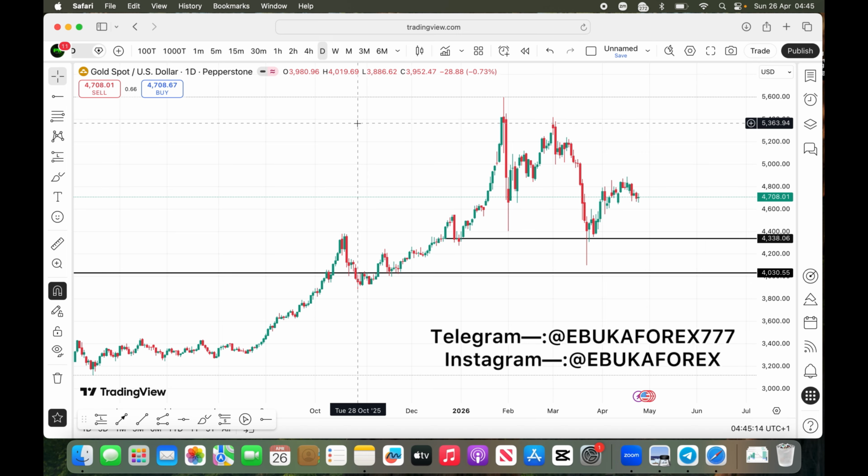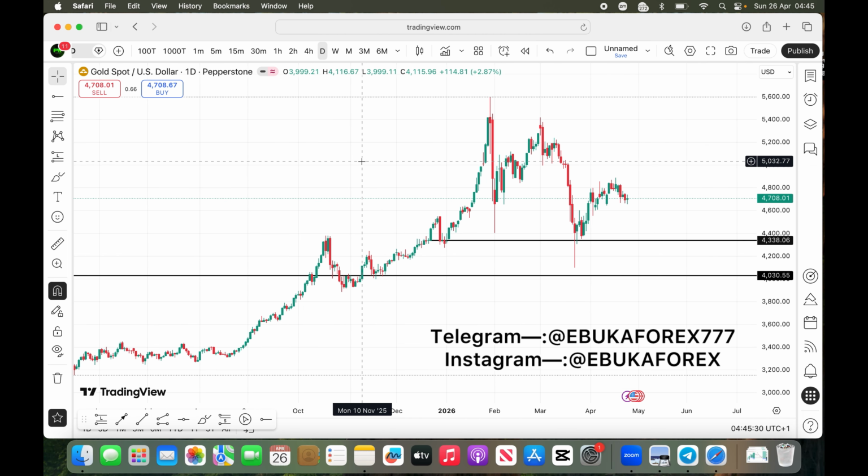Then you wait for the price displacement to take place. It's very, very important to see the price reaction within that major key level in order to grab the momentum in the market during your execution.